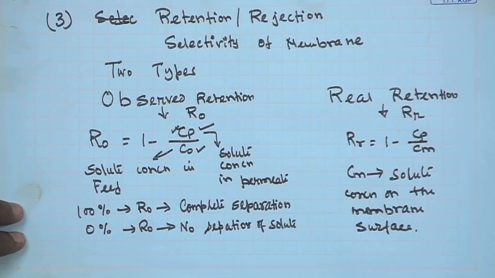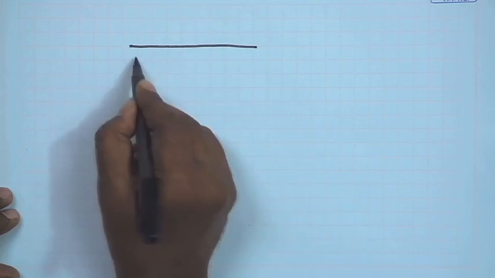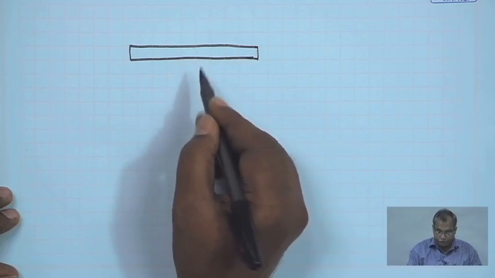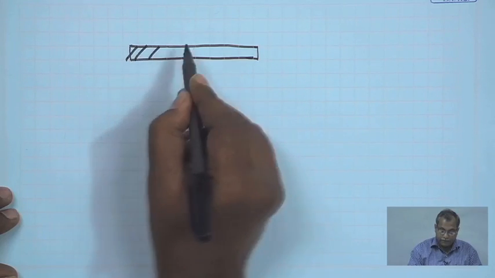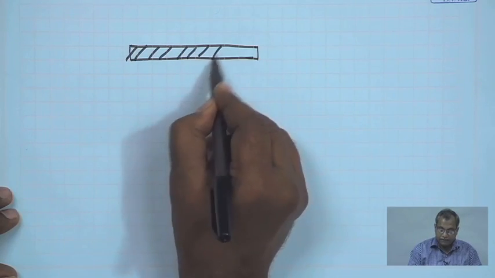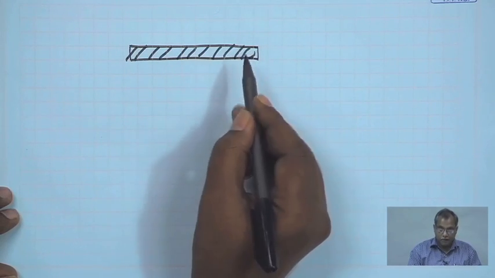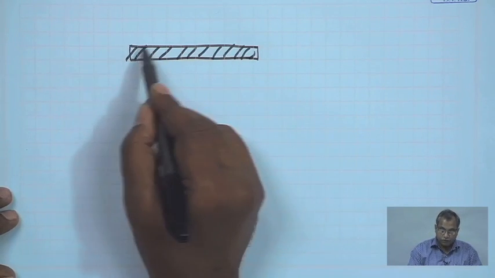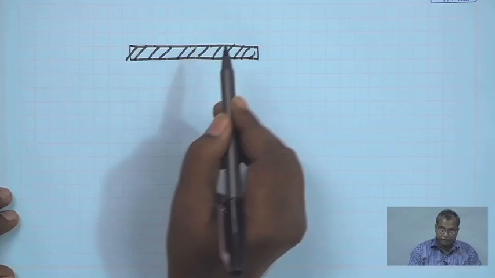So, what is the difference between the real retention and observed retention? I will come to that in the next minute. In order to explain that, let us look at an exploded view of what is happening over the membrane surface during a separation process. It is a pressure driven process, so solutes will accumulate over the membrane surface.